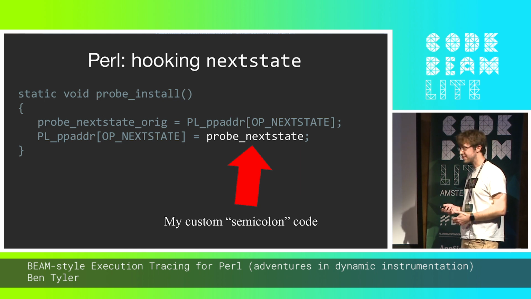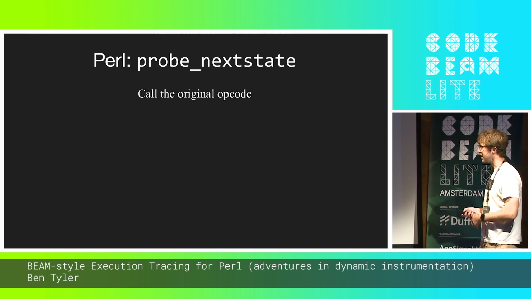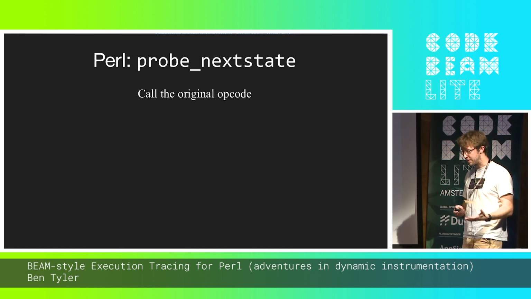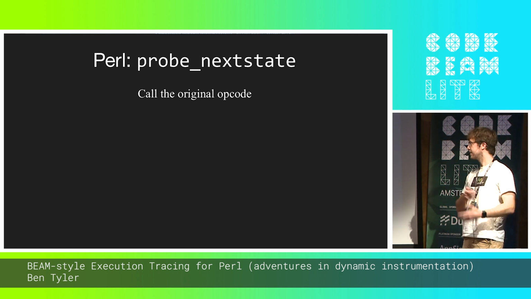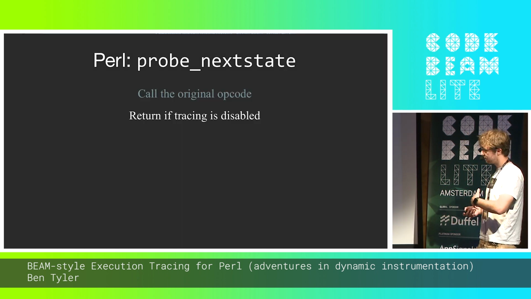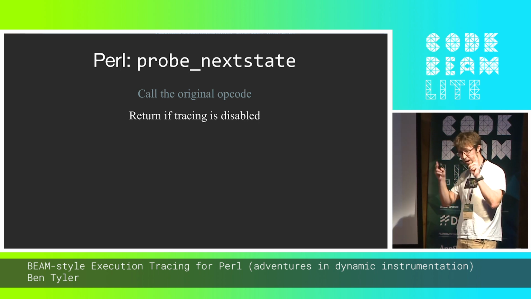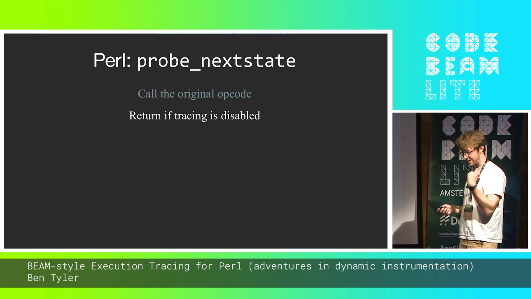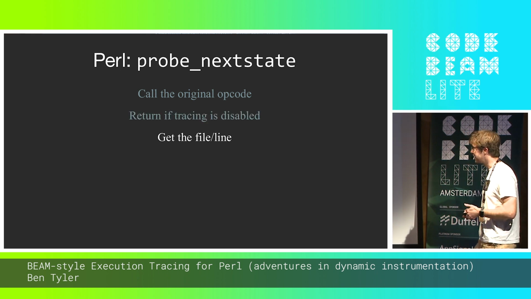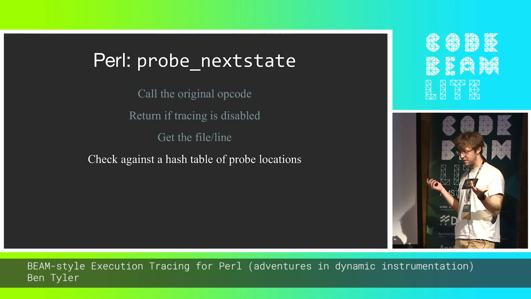Every time Perl hits a semicolon, I get to run my code. And what does my code do? Well, I'm going to call the original opcode, because the semicolon should probably keep being a semicolon. It would be bad if we stopped using the semicolon. But obviously, I want to bail out as fast as possible if nothing is happening, because this is very performance-critical code. It's now happening on literally every line the interpreter touches. I grab the file and the line, and check a hash table to see if this is something I'm interested in.